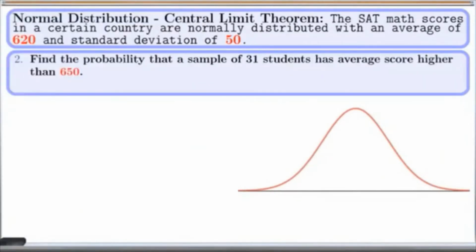Now, here in this problem, we are talking about the average of samples. In such a case, we need to first find a standard deviation for the sampling mean using the formula given by the Central Limit Theorem. That is the population standard deviation over the square root of the sample size.